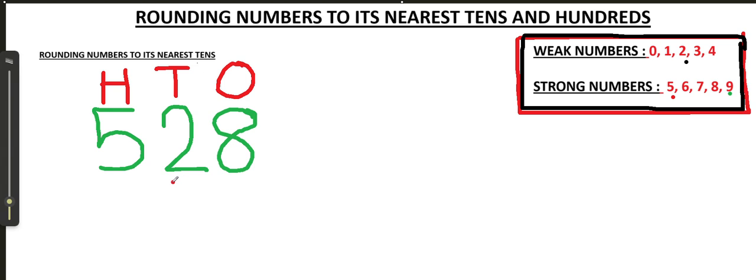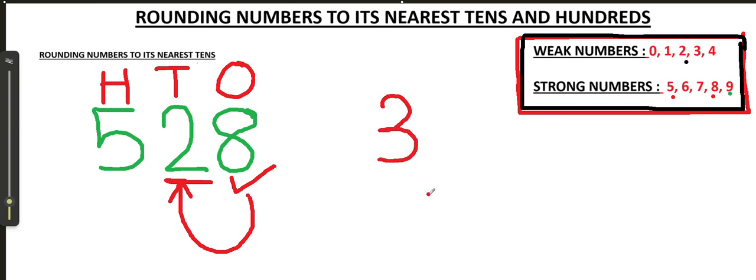So I'm going to underline the tens place. But I'm going to look at the number which is to the immediate right of that number. So that is 8. Now, 8 is a strong number. So it tries real hard to push 2 and turn that to a 3. So 2 turns into a 3 because 8 is a strong number and it has been successful in turning the 2 to a 3. 8 turns into a 0 because it has drained all its energy.